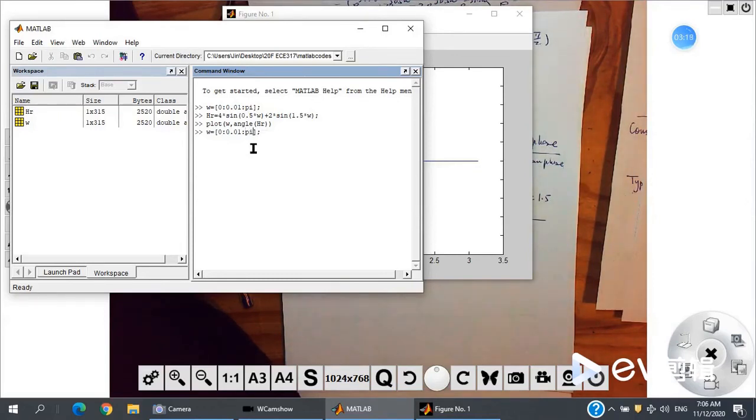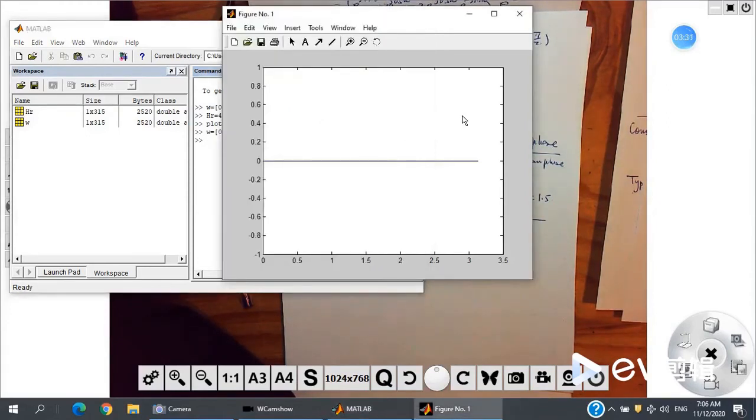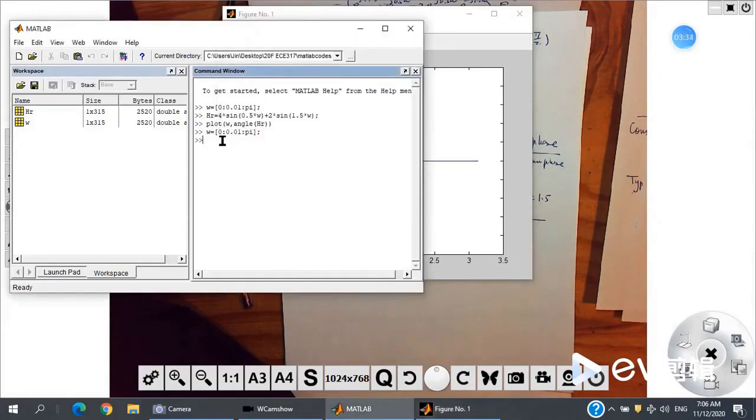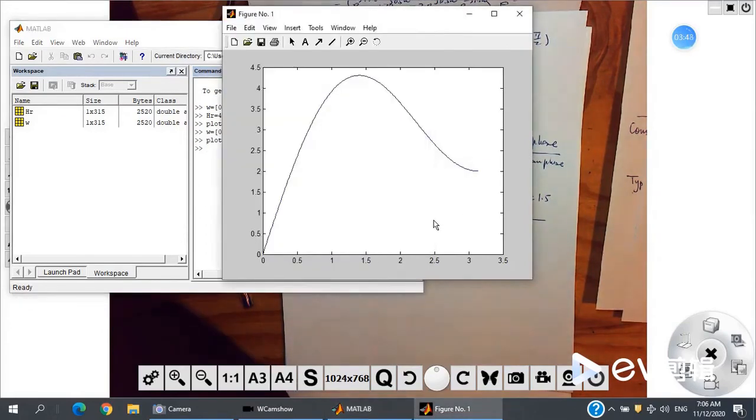Omega is from 0 to pi. Oh, it's always 1? Why is this a straight line? Oh, sorry, it's the angle. This is real. In my case, I don't want the angle, I just look at HR. Oh, this is always positive.